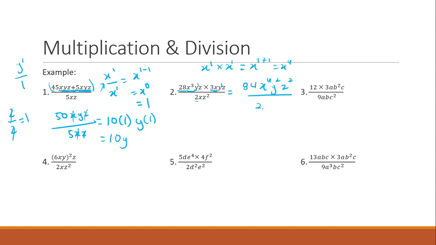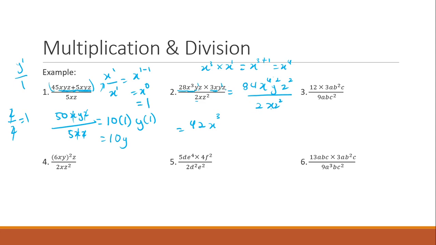And divided by 2xz squared. So then 84 divided by 2, we will get 42. 42, x power of 4 divided by x, meaning x power of 4 minus power of 1. So that would mean we are left with 3.